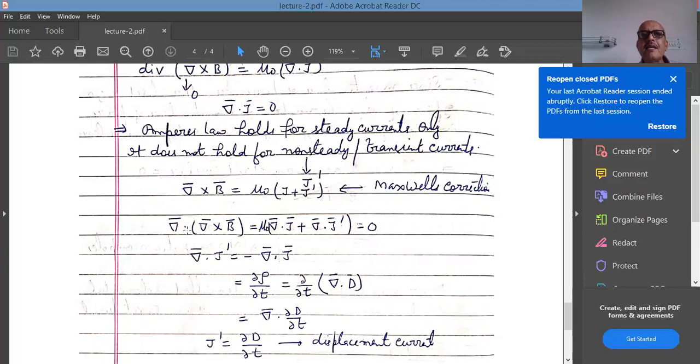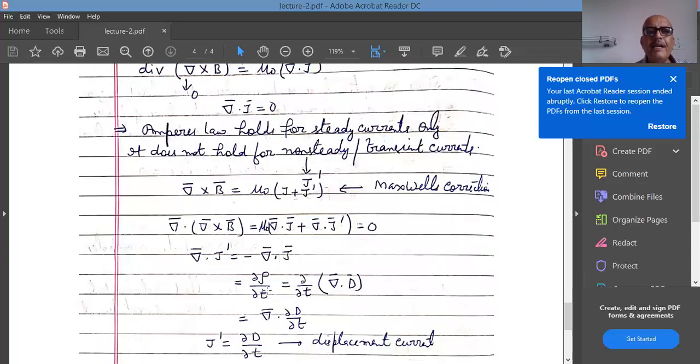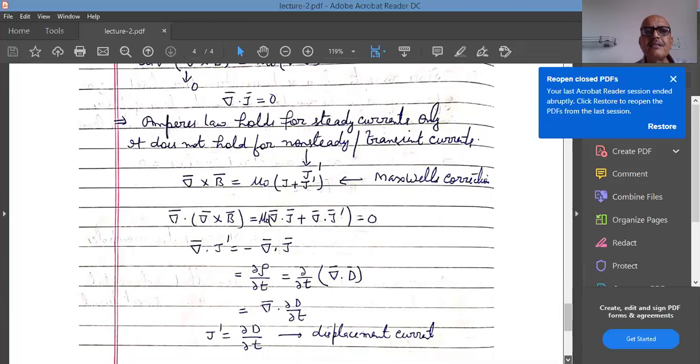We have already discussed the equation of continuity, divergence of J plus del rho over del t equal to 0. We make use of the same equation here. So in place of divergence of J, we put minus del rho over del t, and rho is divergence of D from the first Maxwell equation, or from the Gauss theorem.